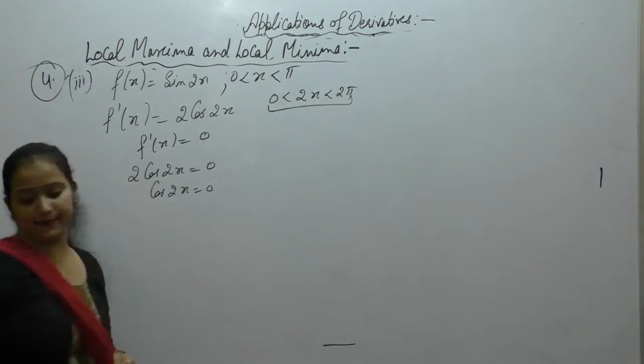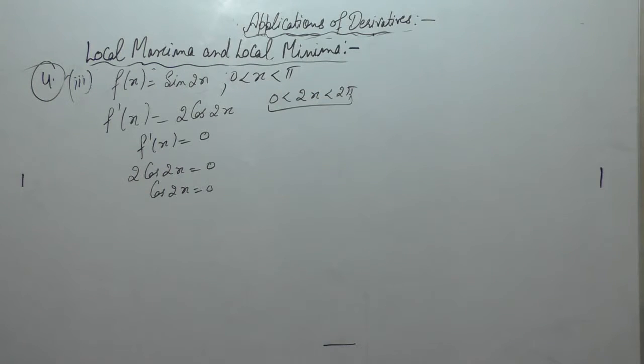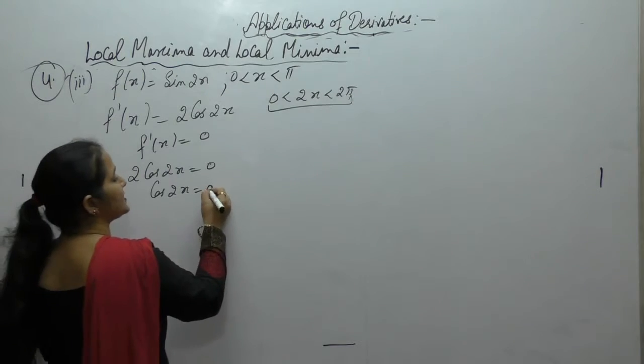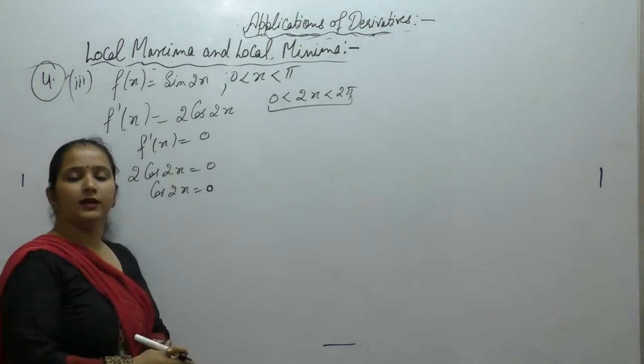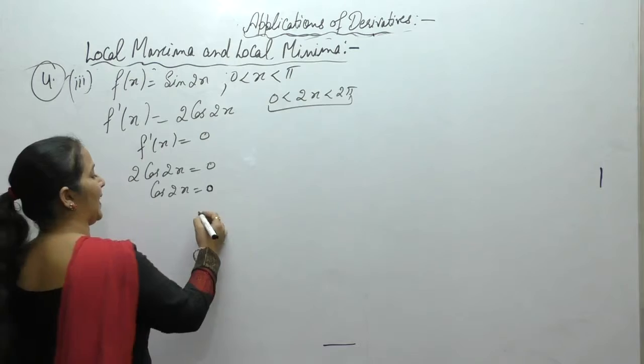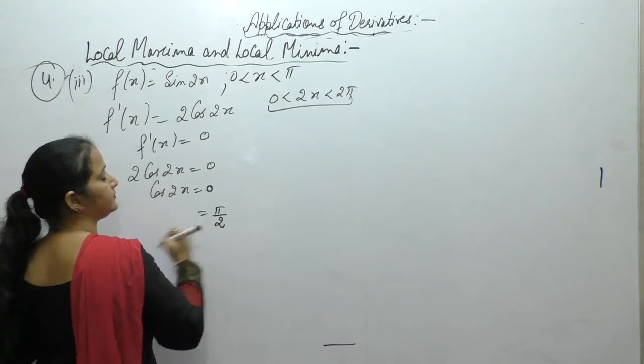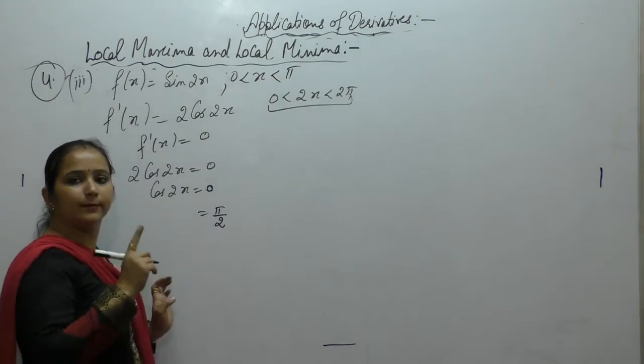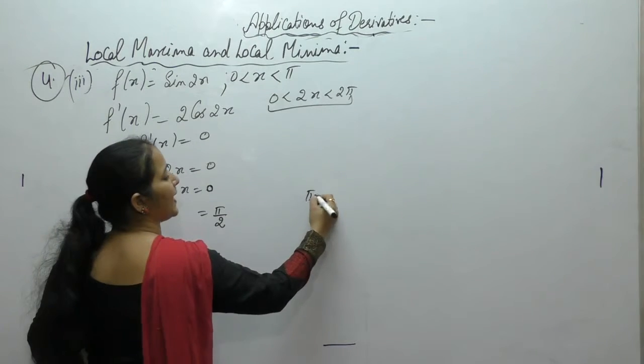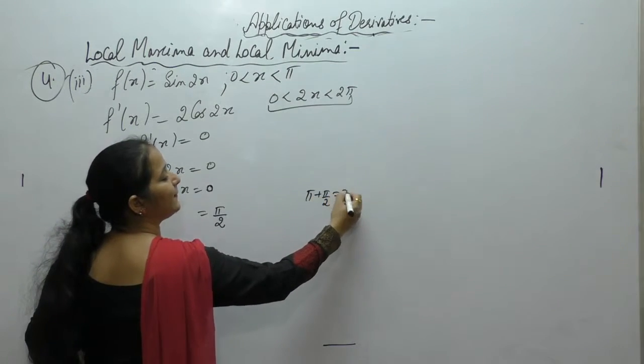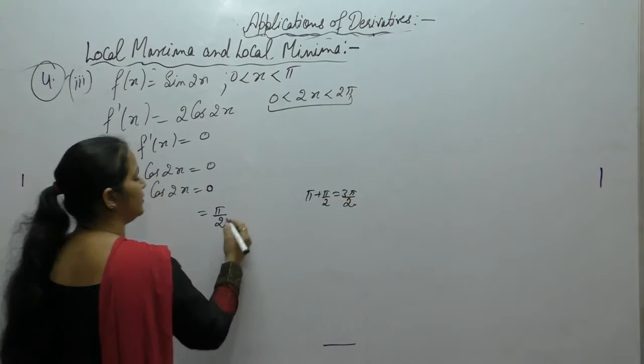Now the limit lies between 0 to 2 pi. Cos has value 0 for pi by 2. And between 0 and 2 pi, cos pi plus pi by 2, that is 3 pi by 2, also has value 0.